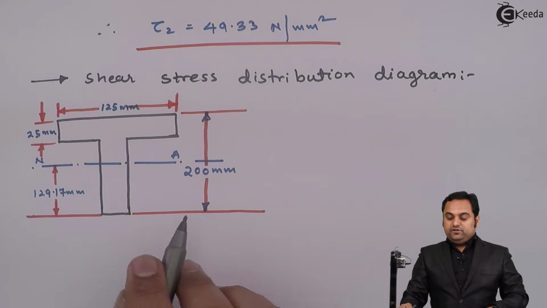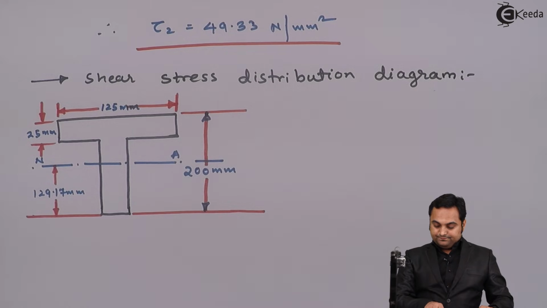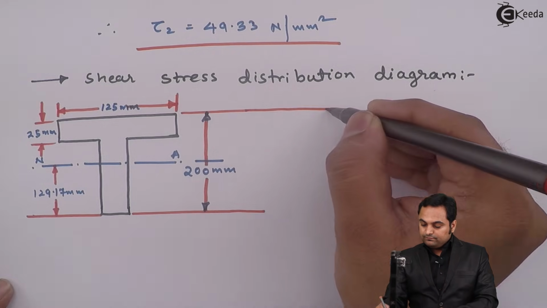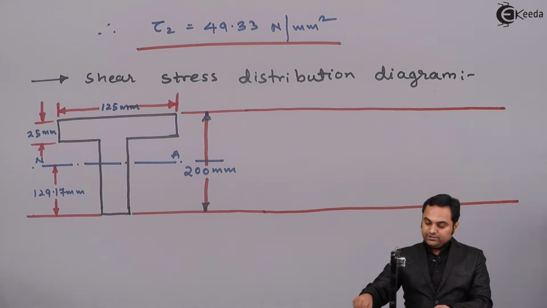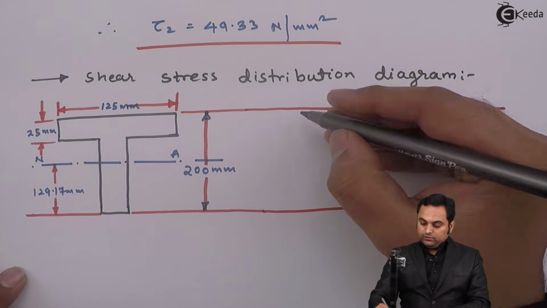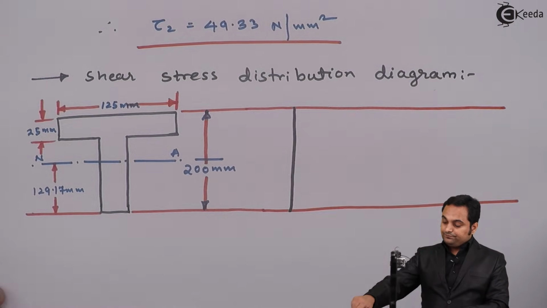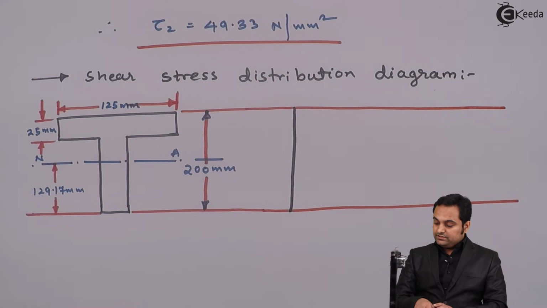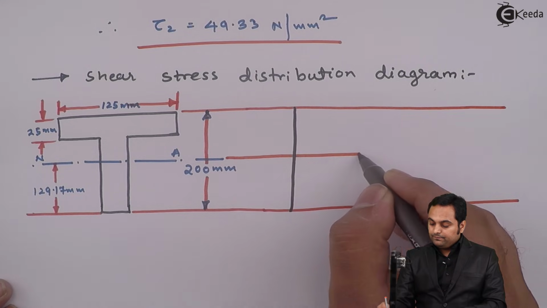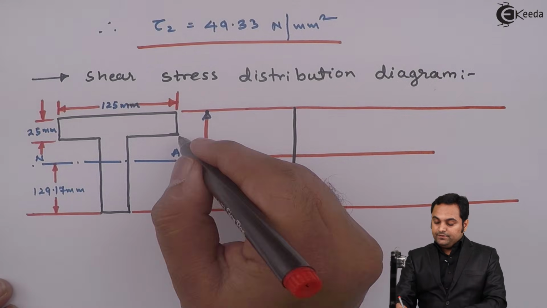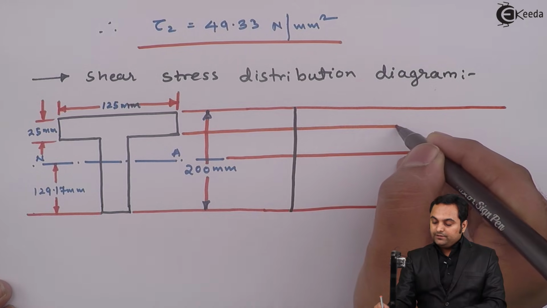Now after marking the dimensions, I'll plot the shear stress variation. For that variation, first I need to draw a vertical line. Then the neutral axis would be extended by a light line. After that, the junction of flange and web would be projected lightly.